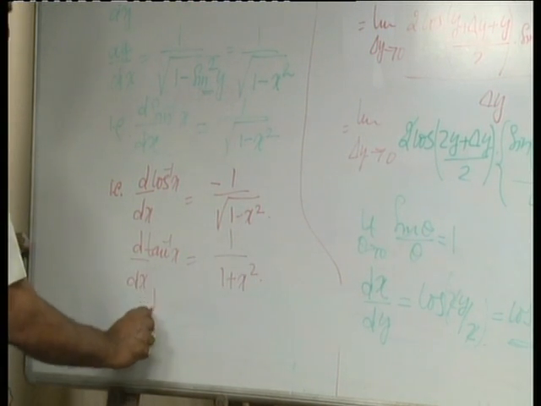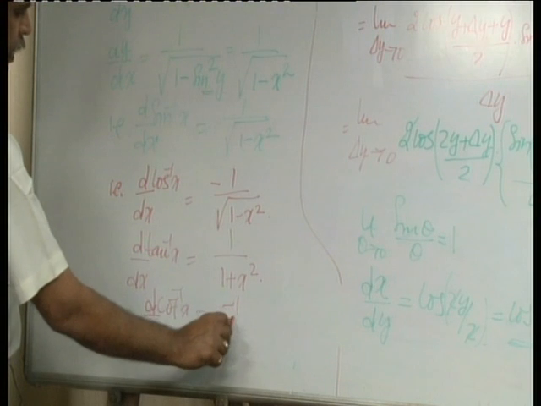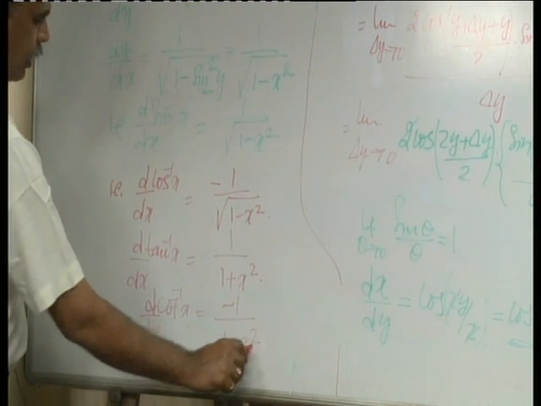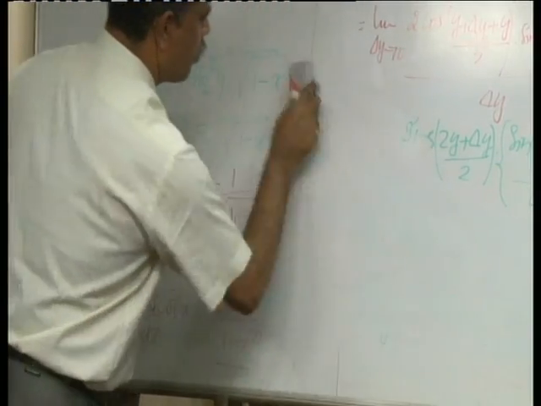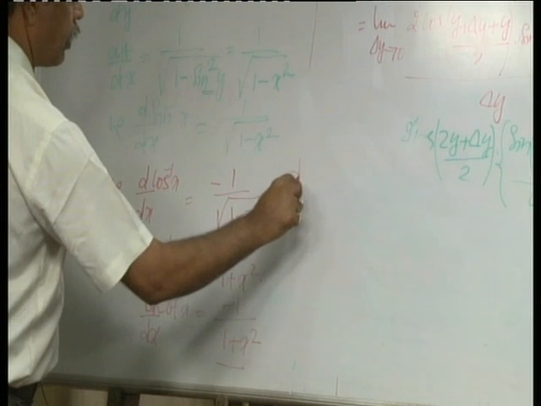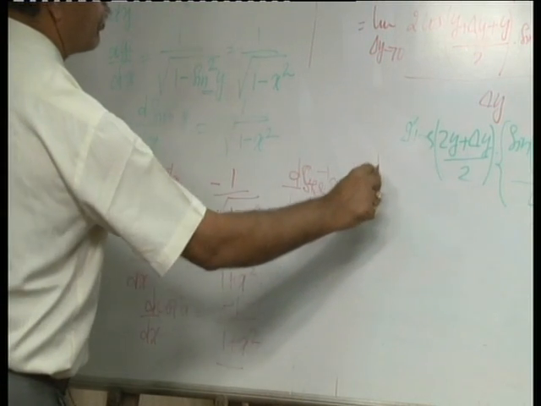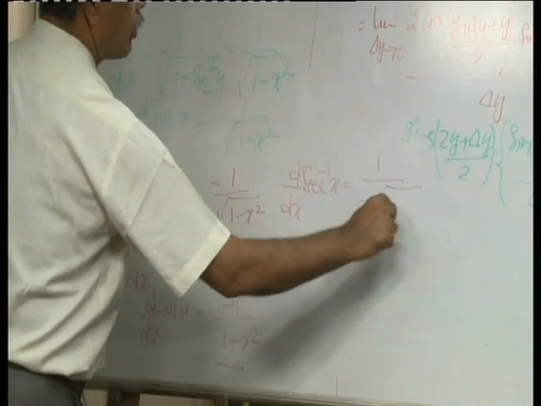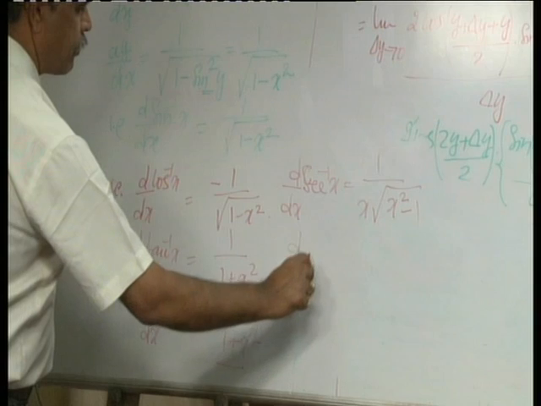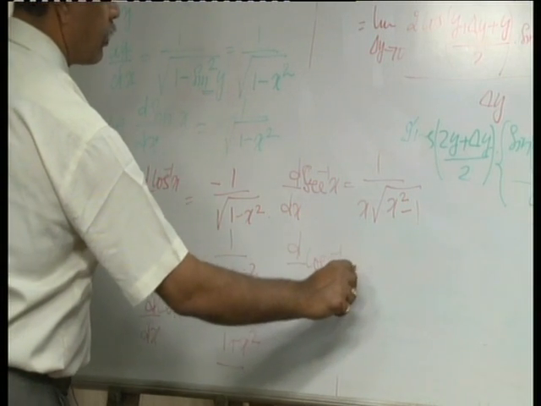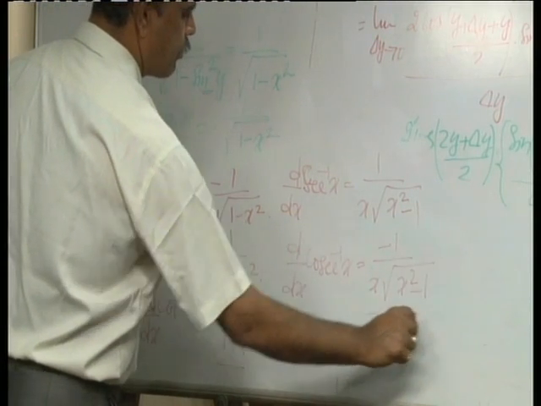For cot inverse x, we will get minus 1 by 1 plus x square. For secant inverse and cosecant inverse, d by dx of secant inverse x is equal to 1 by x into root of x square minus 1, and d by dx of cosecant inverse x is equal to minus 1 by x into root of x square minus 1.